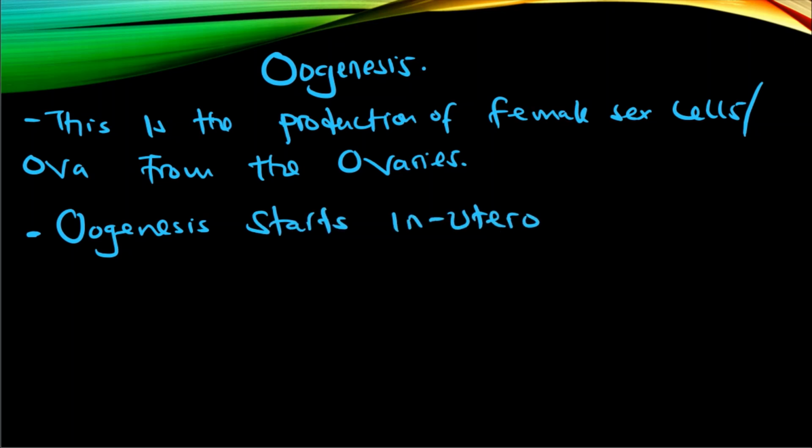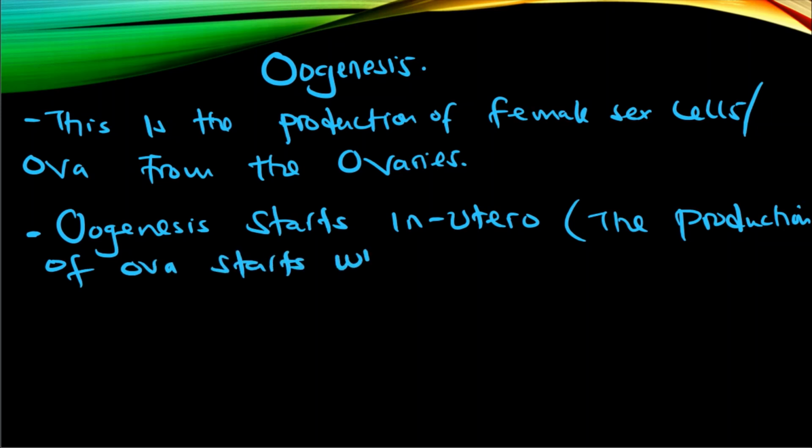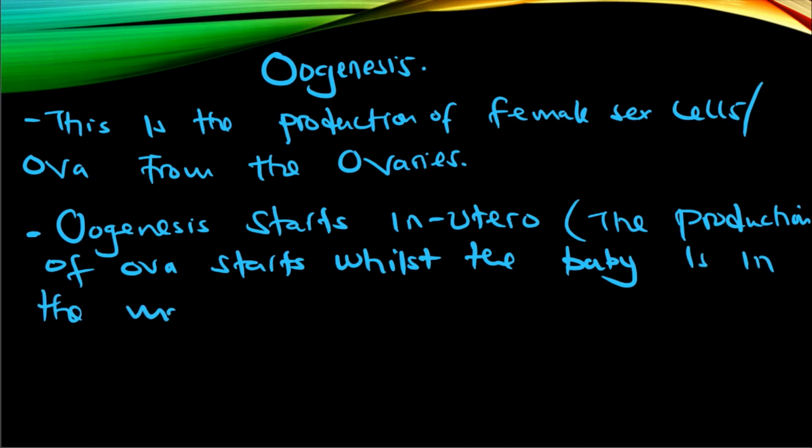What this means is that the production of ova starts whilst the female baby, the fetus, we don't call it the baby when it's in utero, is in the mother's womb.